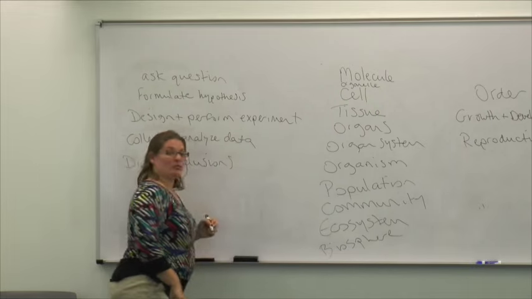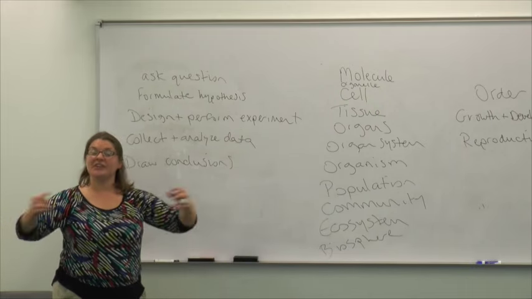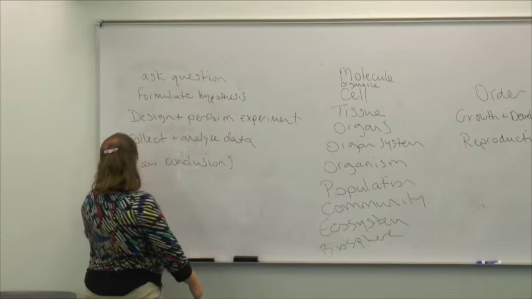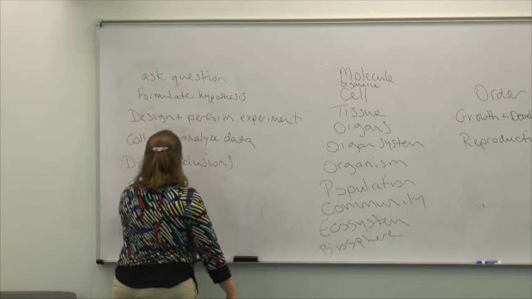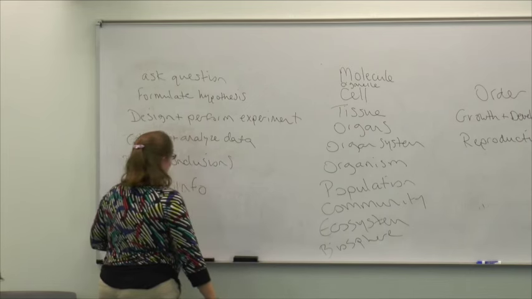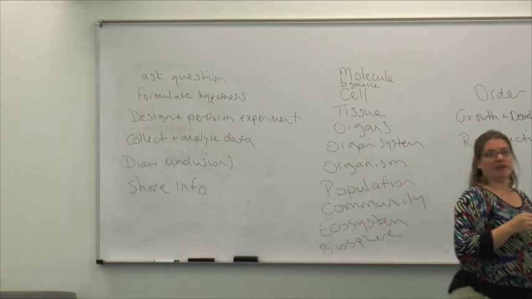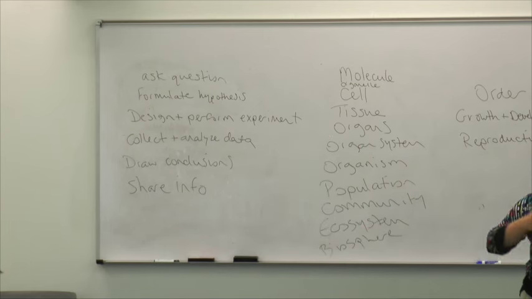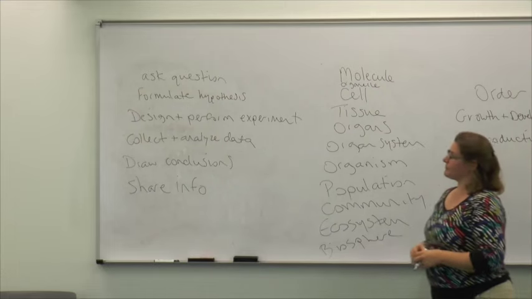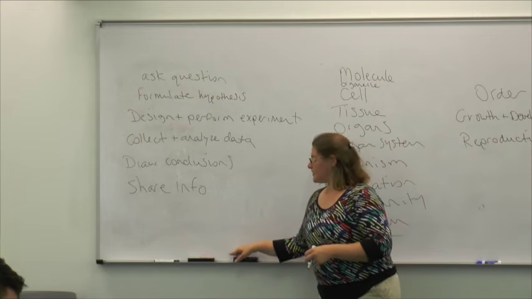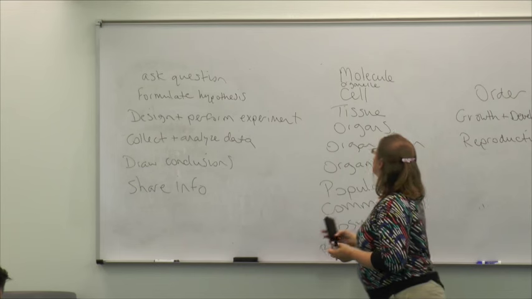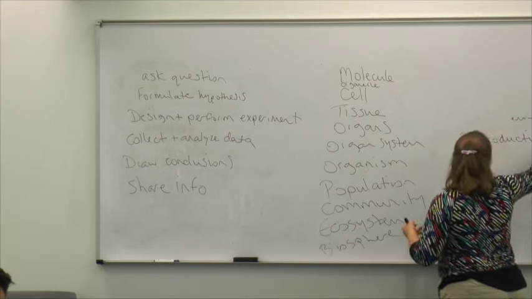No. What are you going to have to do then? Share it. You're going to share it so that people know about what you found. You can do that by presenting, you can do it by publishing. You got to share it with the scientific community and the rest of the world what you found. So that's just a rough sketch of the scientific method.